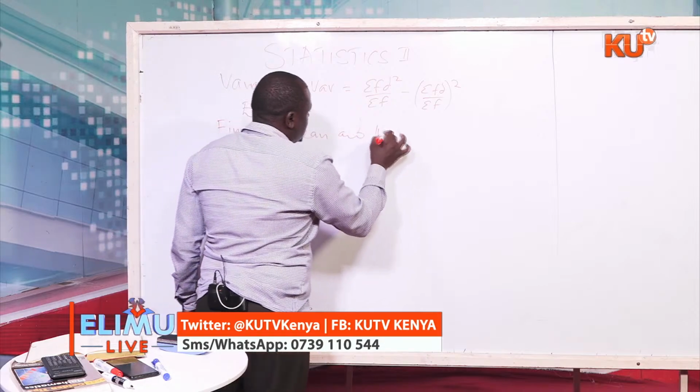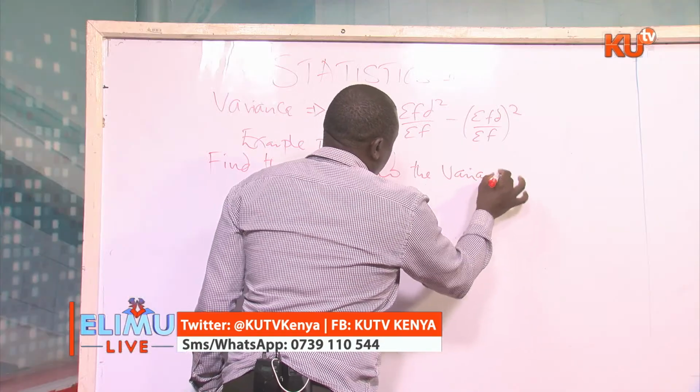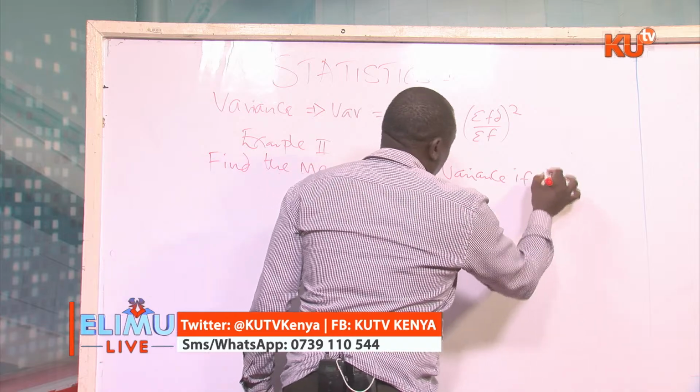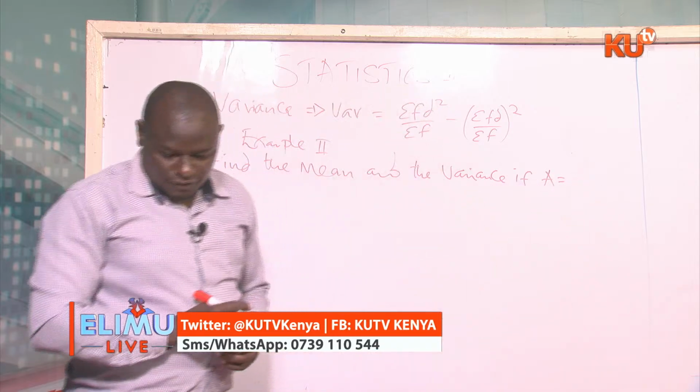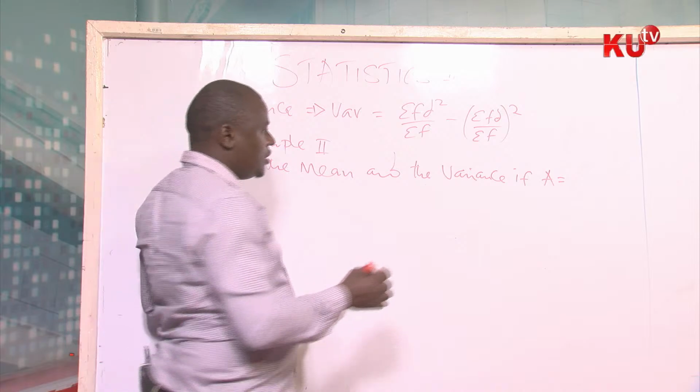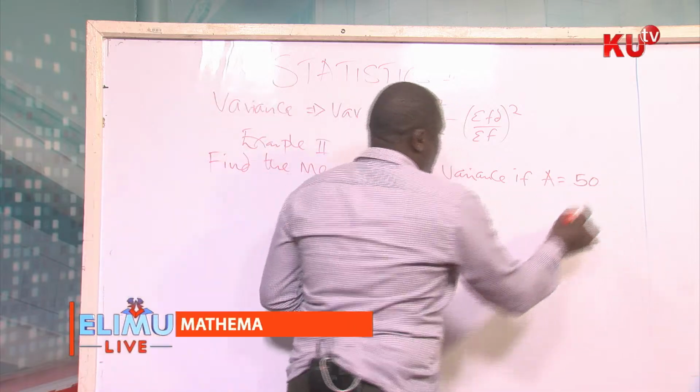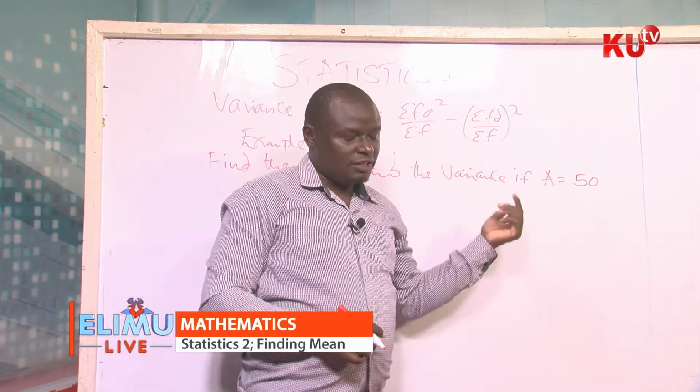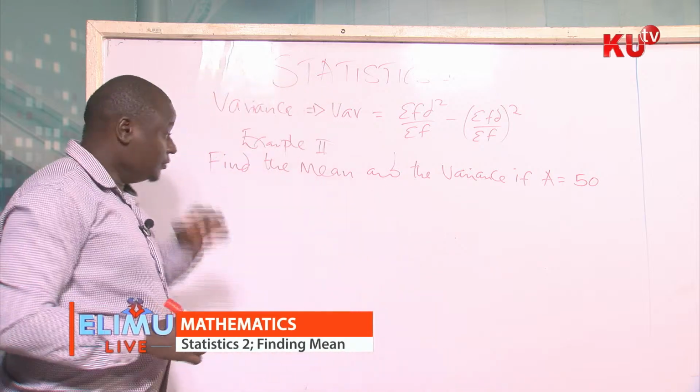Find the mean and the variance if A is 50. They have given us assumed mean as 50. They want us to find the mean.